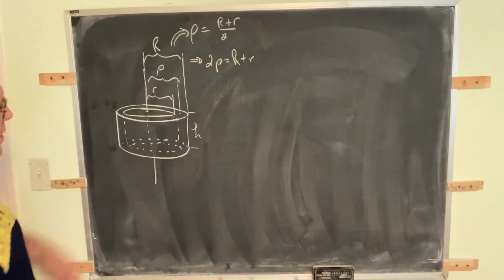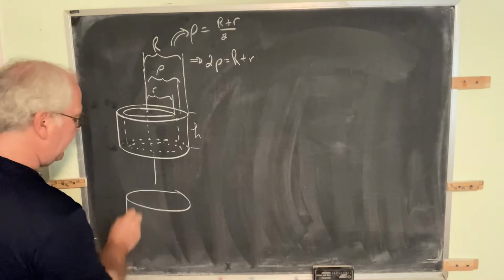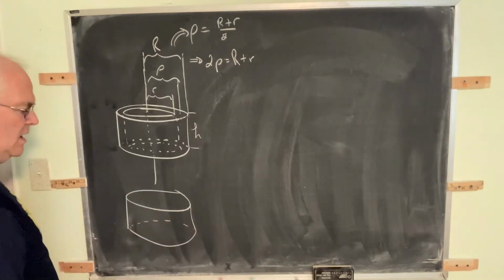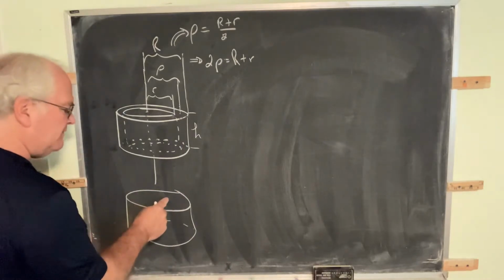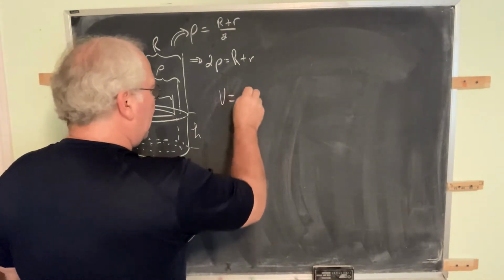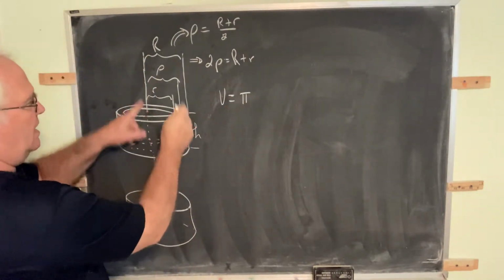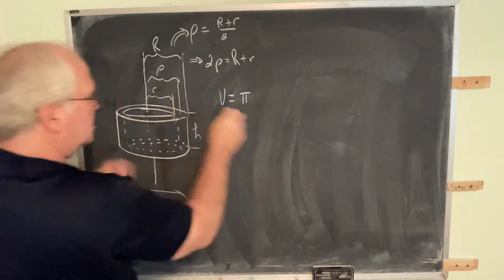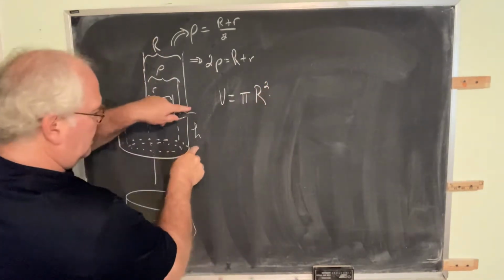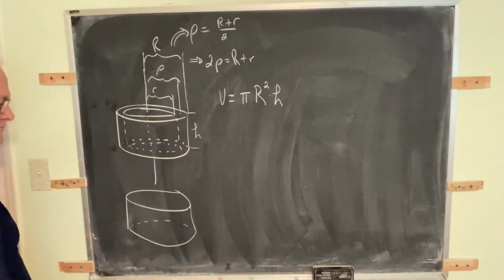Well, it's pretty straightforward. If we didn't have the hollowed out part, we would simply have a cylinder. And so we know the volume of that cylinder. The volume of the cylinder is pi times the radius of the entire cylinder, that would be the entire outer radius squared, times the height, or the length, if you will.